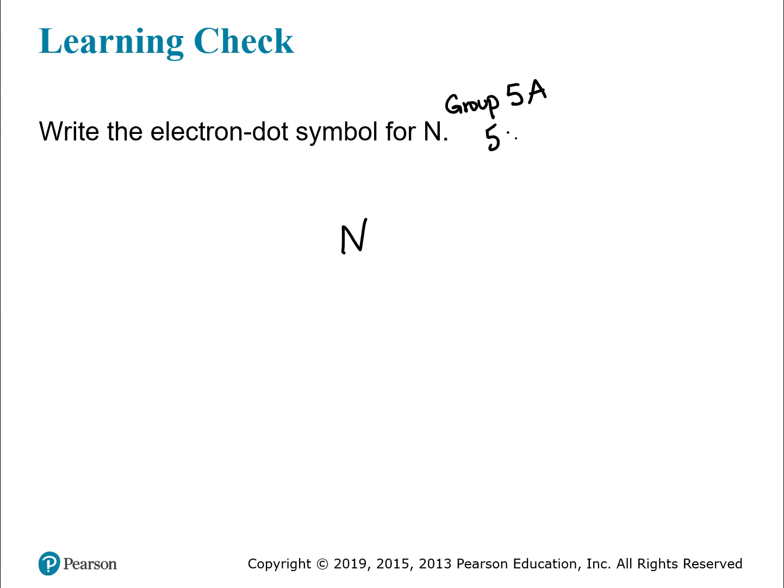Group 5A means 5 valence electrons. So that's what you need. You need 1 pair, and then 3 of them are alone. Likewise, you could have something that looked like that, and it would still be acceptable, as long as there's only 1 pair, and then 3 lone electrons. So are we good on that one? Great.